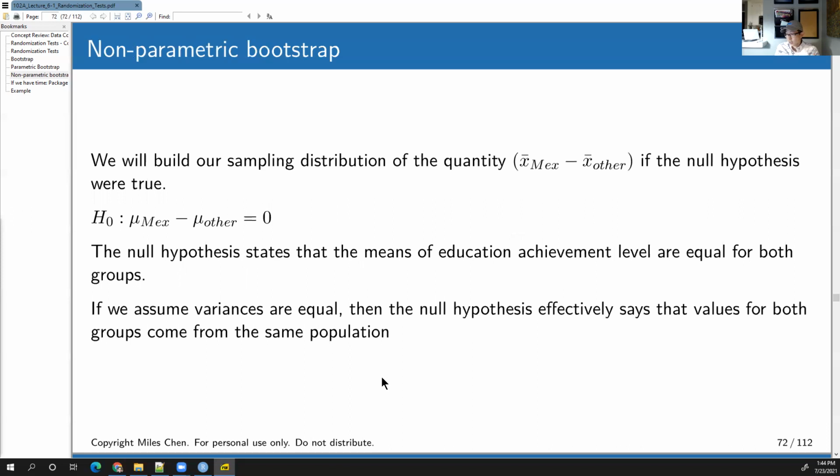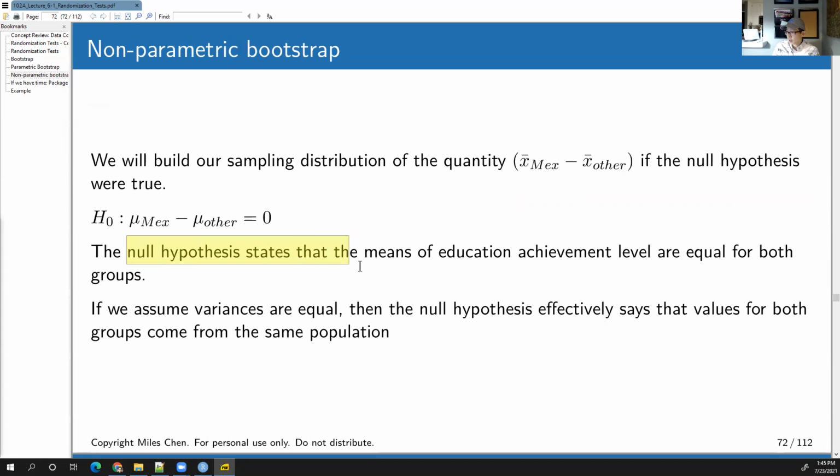So what we're going to do is build up our sampling distribution kind of by using randomization. And the quantity that we're going to investigate is the difference between X bar for people from Mexico and X bar for people from other Latin American countries. Okay.